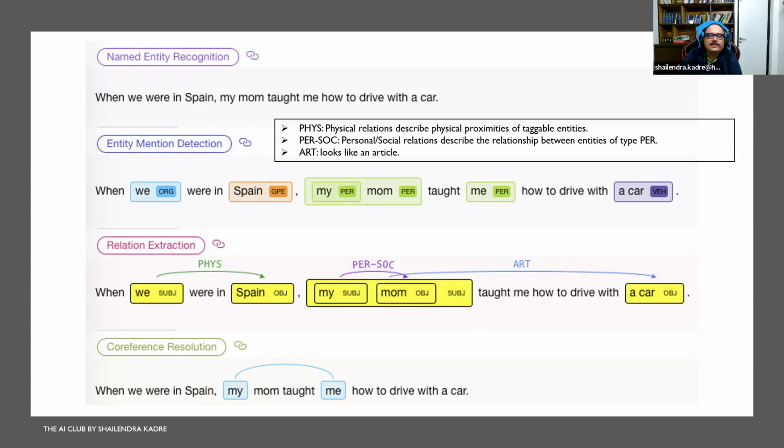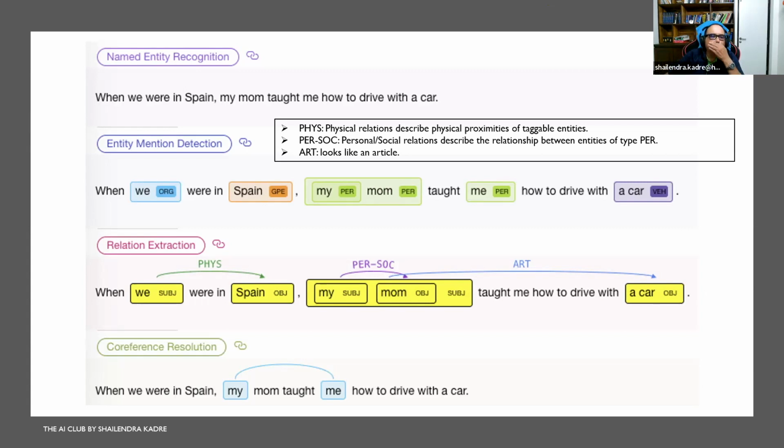PHYS is a code for physical relations, and physical relations describe the physical proximity of taggable entities. Then PER-SOC, personal or social relations, and ART, which stands for article. So these are the three types we are representing here.